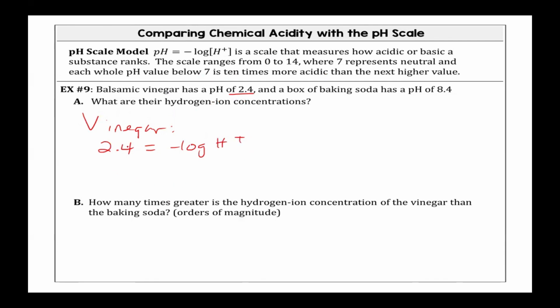So 2.4 equals the negative log of hydrogen plus. If I'm trying to find this, again, we're going to use inverse operations, which means I'm raising it to the base of 10. Notice that it's a negative log, and that negative means this is going to be 10 to the negative 2.4 equals H plus.